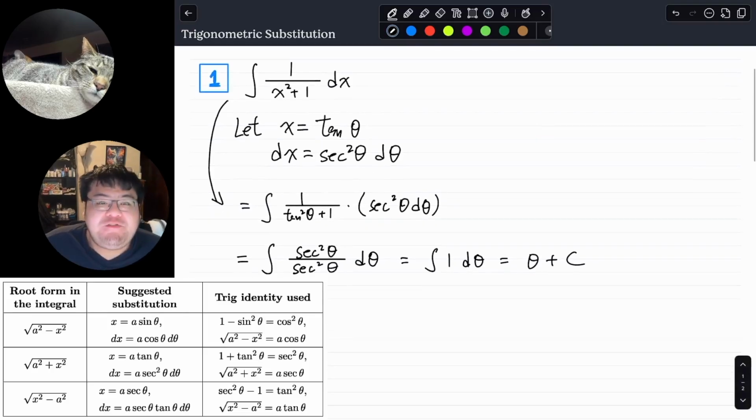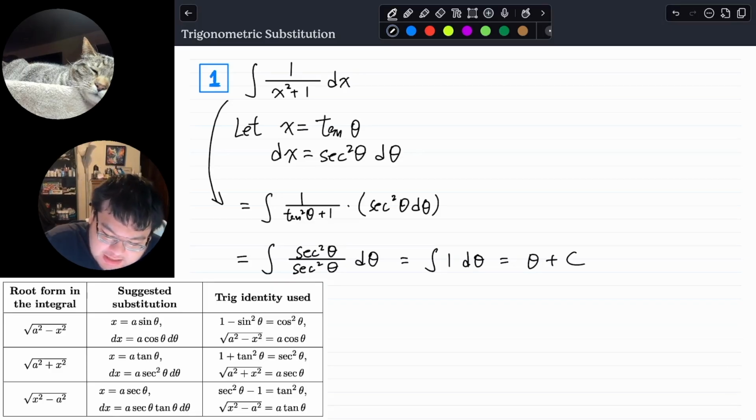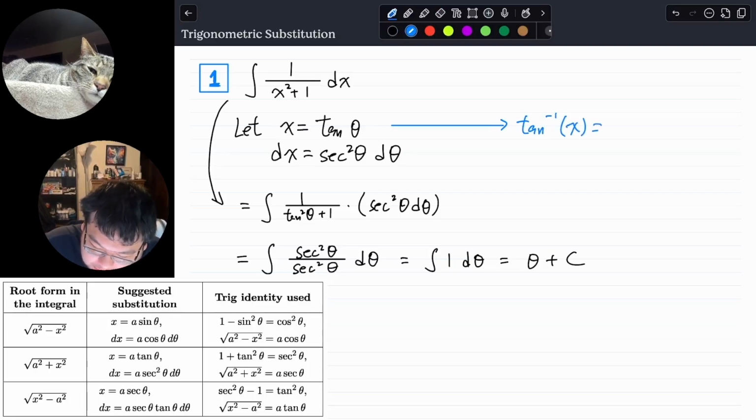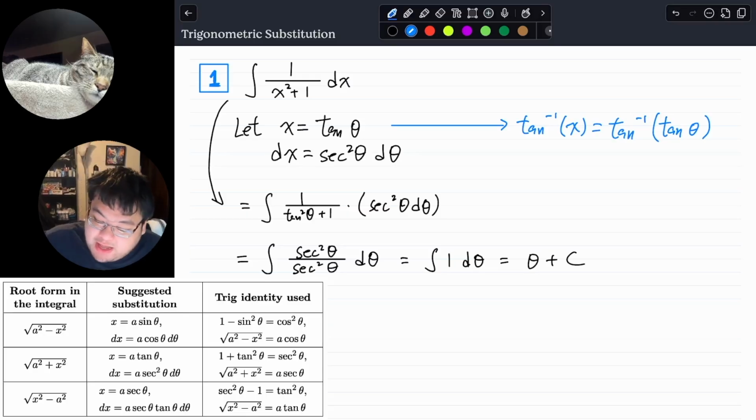Okay, so how do we find theta when we have tangent theta? That's quite direct. We know that we can take arctangent on both sides. So the inverse function and tangent cancel each other, and what's left will be just theta.